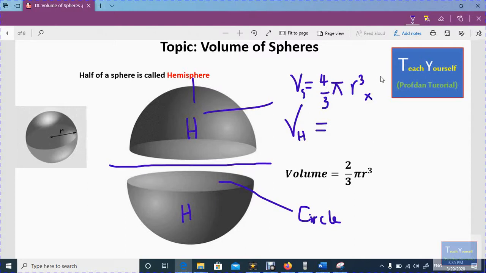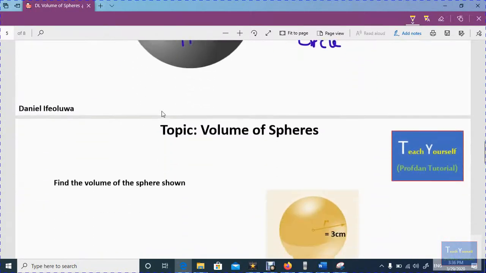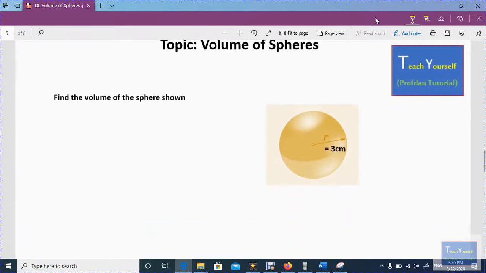So if you multiply this by 1 over 2, then the 2 can cancel the 4 here to give 2, and you have 2 over 3 pi r cubed as the volume of a hemisphere. Okay, so quickly we look at some examples.